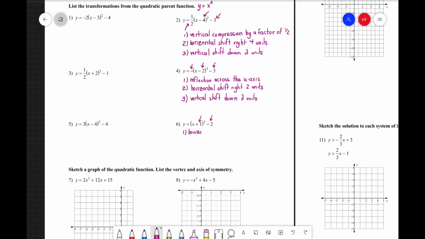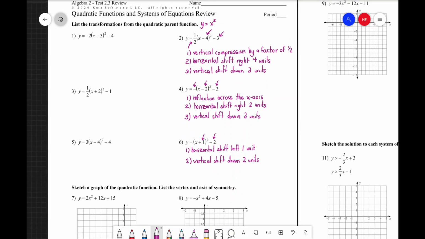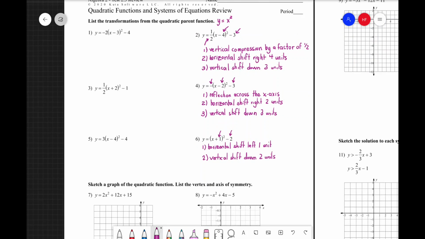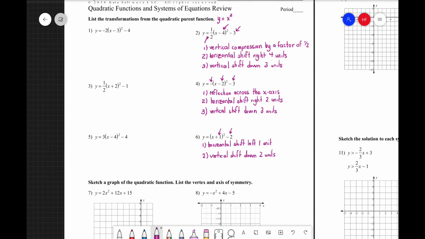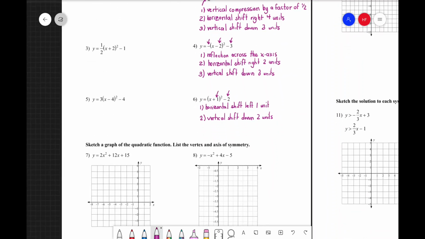So horizontal shift, opposite, so left 1 unit, and then 2, a vertical shift down 2 units. Those are the only 2 changes that I have. So then we are done on the transformations section. Again, y'all will be doing the odds, so 1, 3, and 5 are for you to do, but remember there are the answers posted, that way you can check.